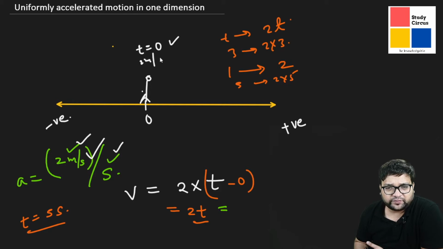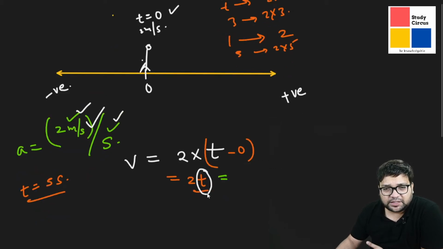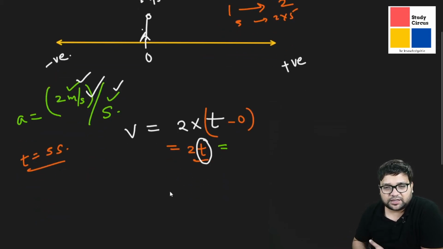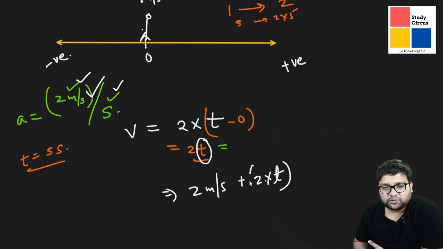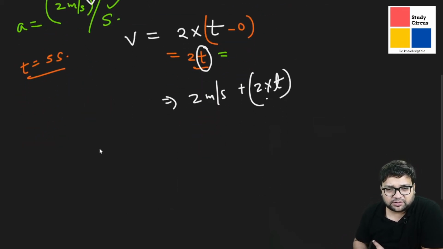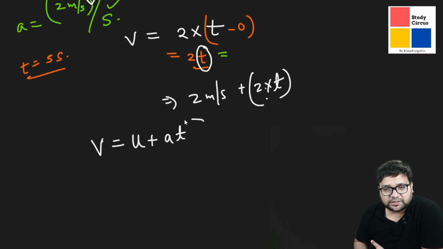So after t seconds, how much is the speed going to be? Initially plus the change, right? So 2 meters per second was the initial, and the change is 2 into t. So basically the speed after t time from the beginning is going to be u plus at.